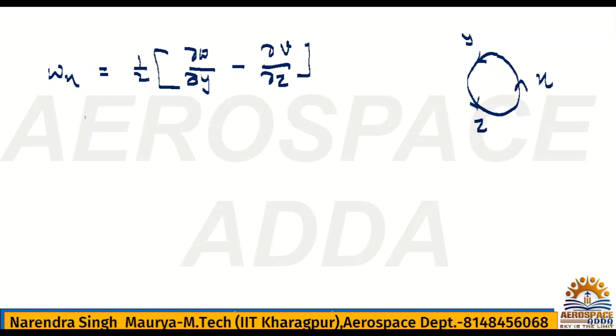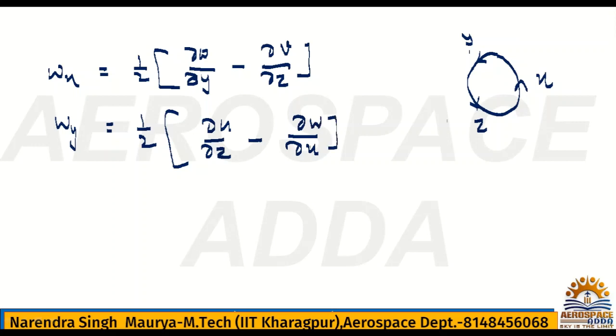This is the formula. Similarly wy. How to write? Check. After y what you may get? After y you may get z. So you have to write dou z. After z what you may get? X. So dou x. Here in numerator, x direction what is the velocity component? It is u. So u. In z direction what is the velocity component?